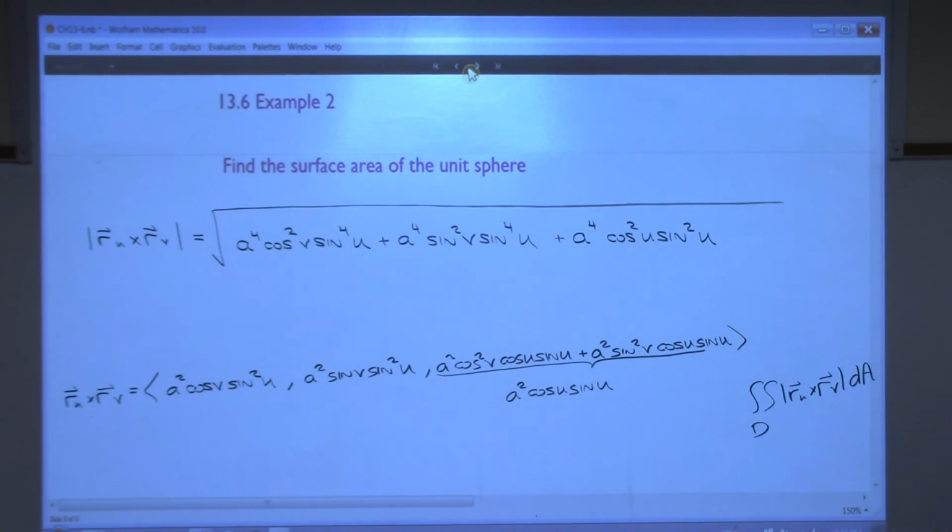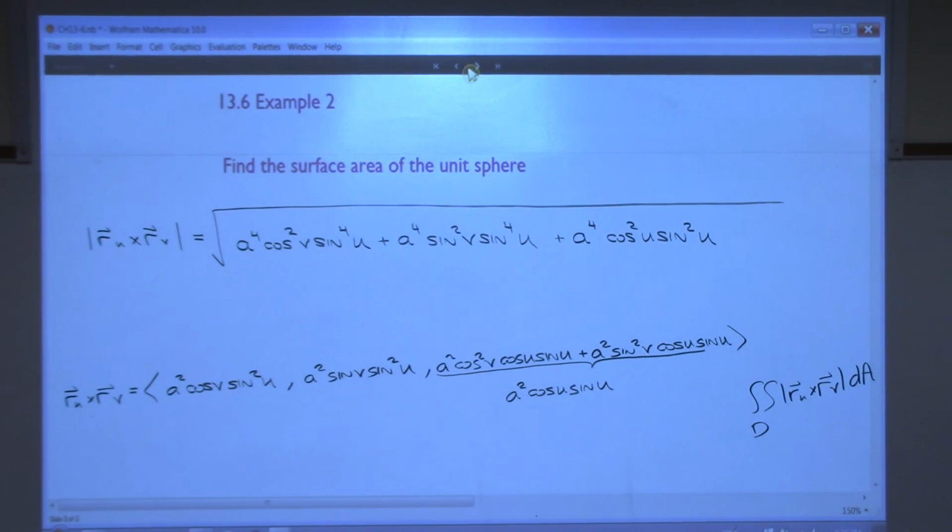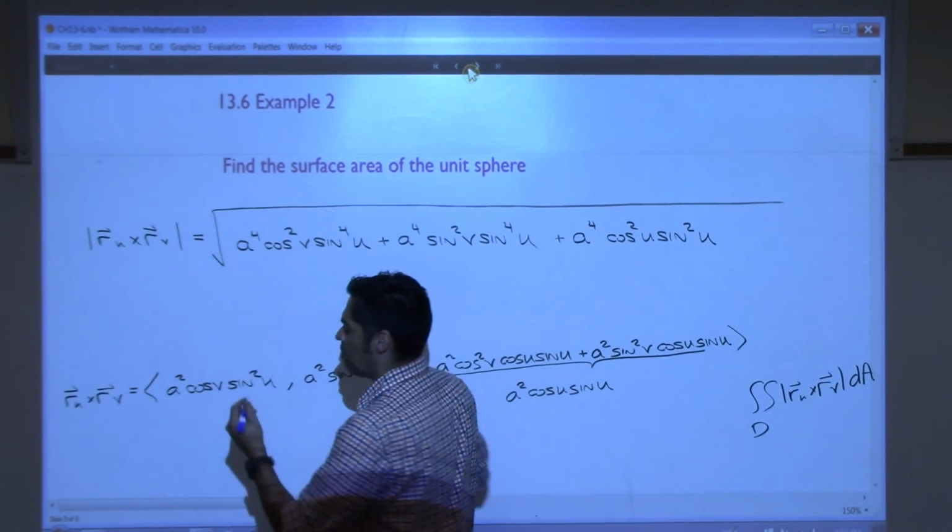Anyone see it? Where's the Pythagorean? Why don't we pull an a to the fourth out of everything and take it out of the root? An a to the fourth on the inside comes out as an a squared on the outside.